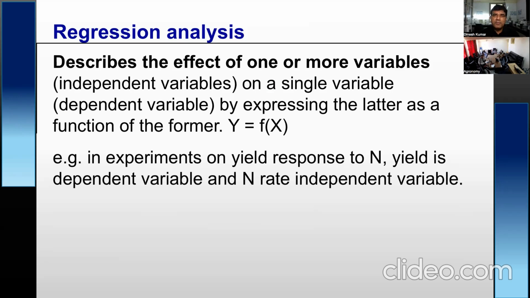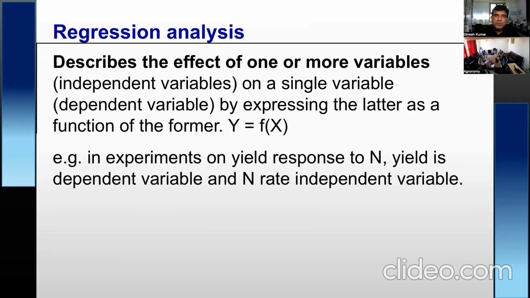It can be affected by water management, the amount of irrigation applied, plant protection measures, and number of plowings. So many variables affect the grain yield, but it is very difficult to study all these independent variables together affecting only one dependent variable.